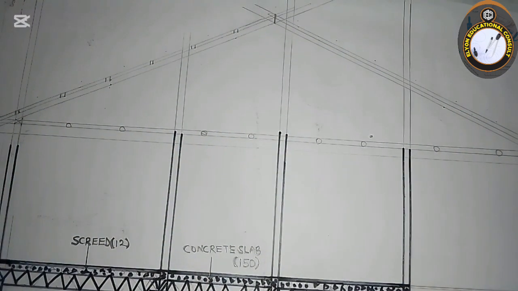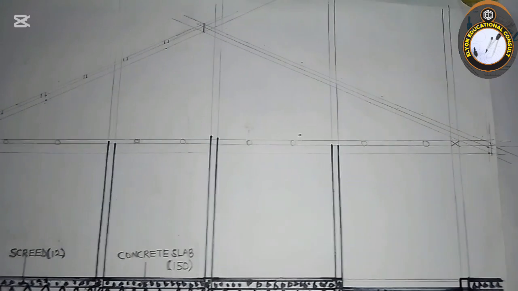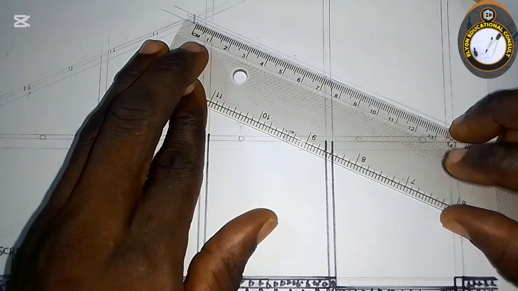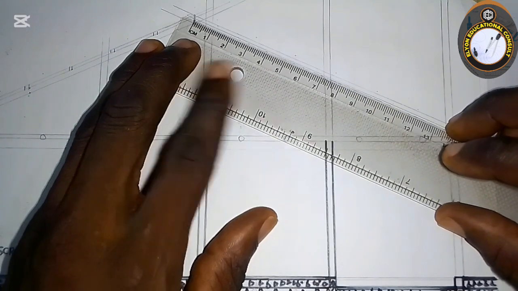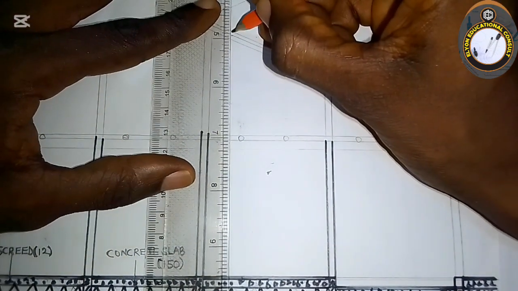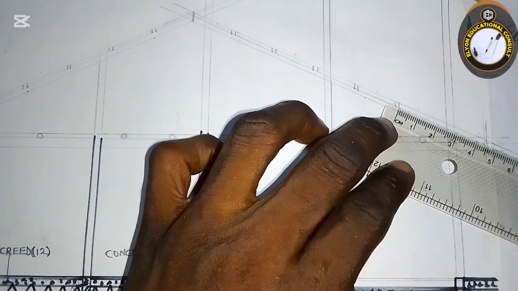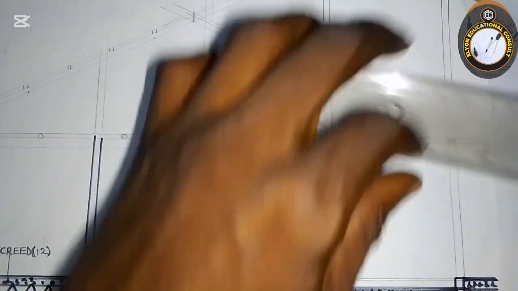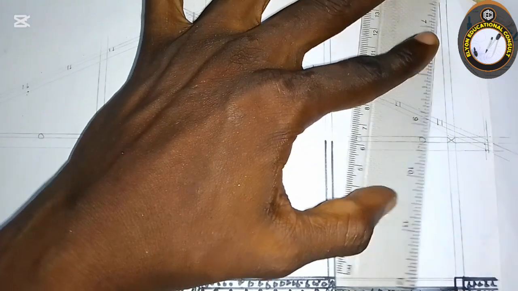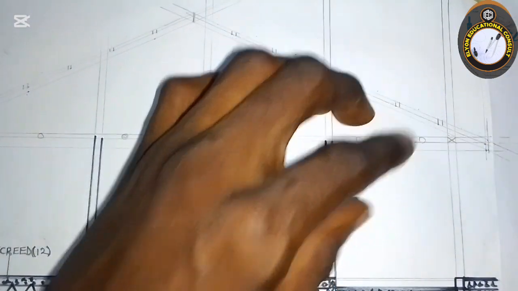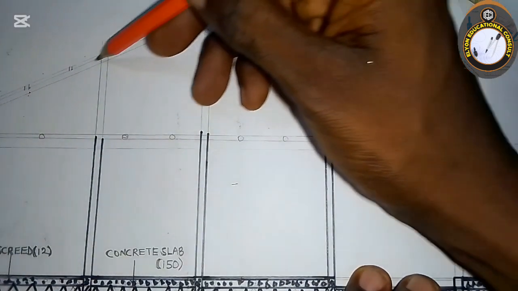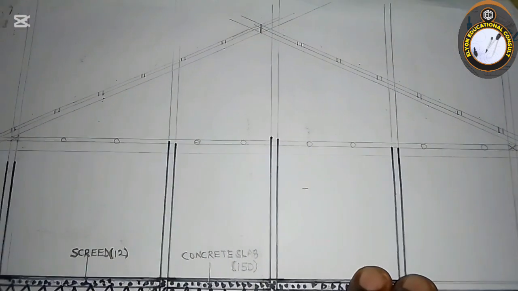So we do the same at this other side. So at this side, so we do the same thing. Okay, all right. So this is the purlin inside. Okay, those wood inside the roof. So that is the purlin.